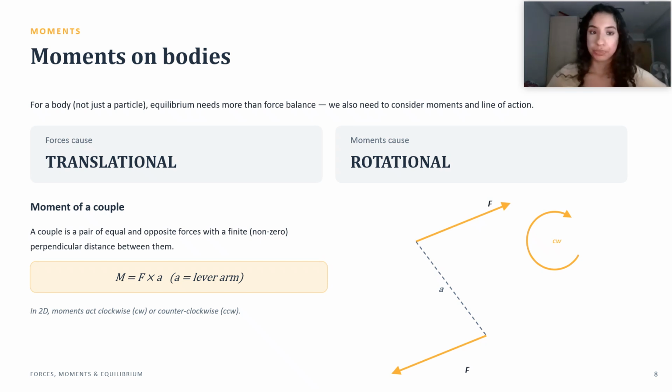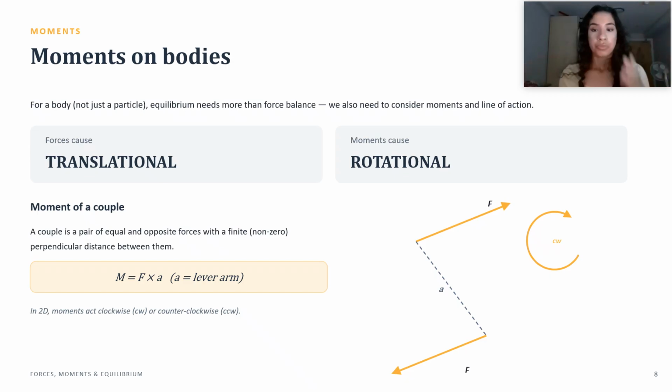Now a couple could be two forces. You see these two lines with F under them, which I wrote on it. These are the couple. They are of equal magnitude, but they go in the opposite direction, so one is positive and the other is negative.